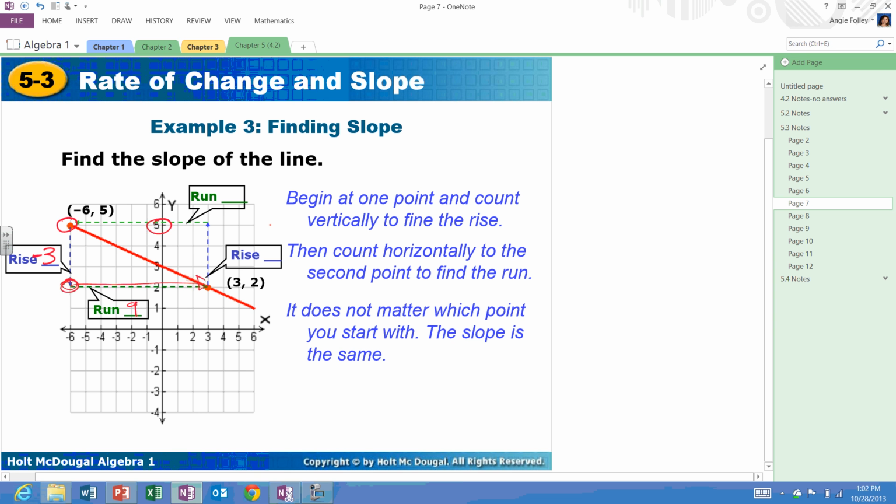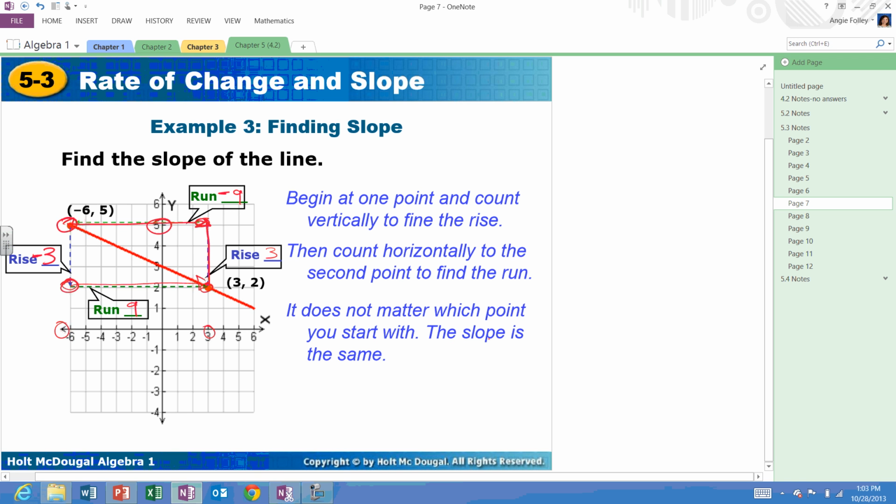Your rise, if you're going from this point up to here, is going from 2 up to 5, so you've got a +3 if you look at it that way. And your run, if you go from the x value 3 all the way to -6, you're changing -9.